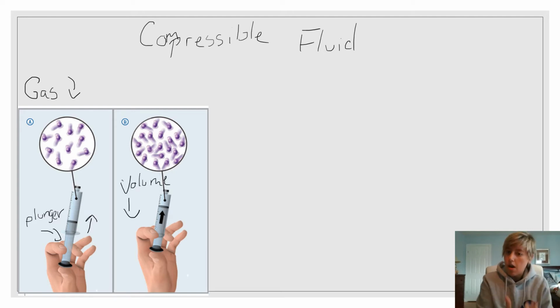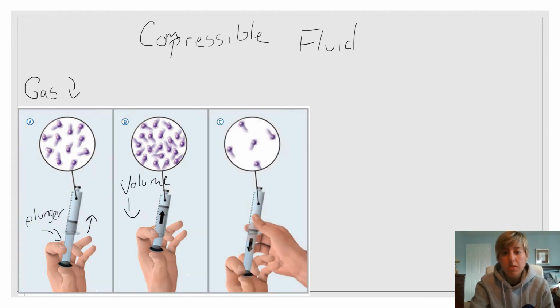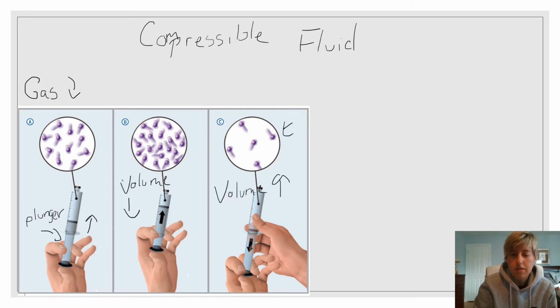If I were to go the opposite direction by pulling the plunger out instead of pushing it in, I would be creating more space and my volume would increase, which is what I have in picture C. So volume increases and now I have more space. Here I had less space.